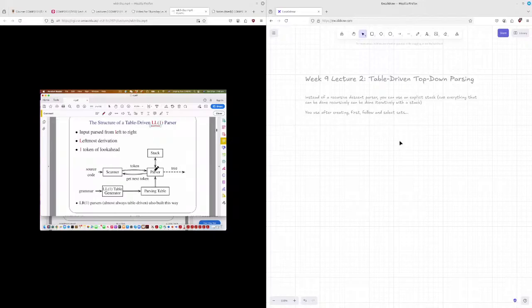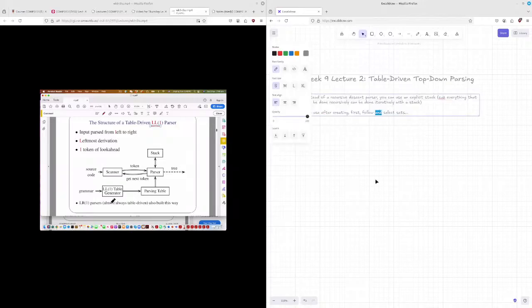In a table-driven parser, the parser again is in the driver's seat. Whenever it needs a new token, it calls the scanner, and it makes use of the explicit stack to store the symbols, which are terminals and non-terminals. And then it consults the parsing table, which is really a tabular representation of our select sets, to build a parse tree or to discover the leftmost derivation.